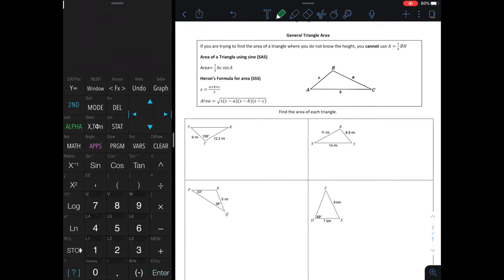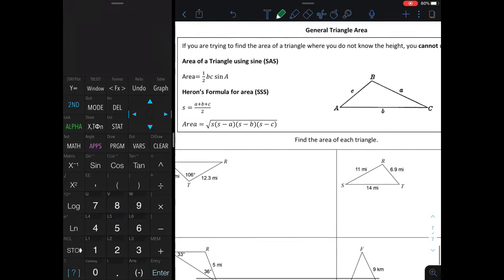One of them is using the sine function, which says that if you have a triangle side angle side, I could find the area by taking 1/2 times BC times sine of angle A. Now, the way I like to think about this, if I draw on my triangle, angle A is theta here, and B and C are the adjacent sides.